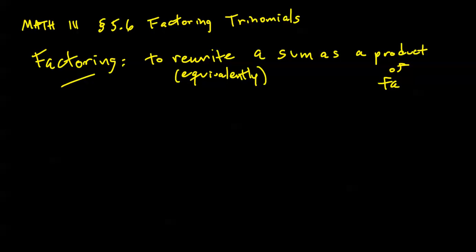Right? So a term is an element of a sum. A factor is an element of a product, hence the word factoring, or the verb to factor.